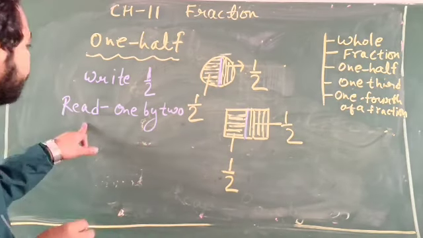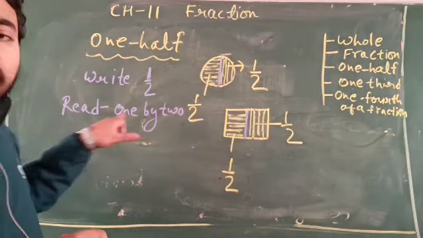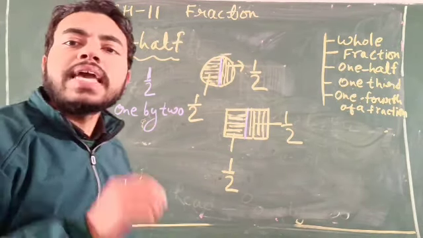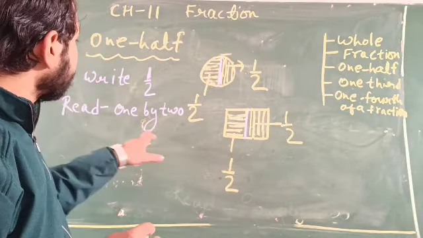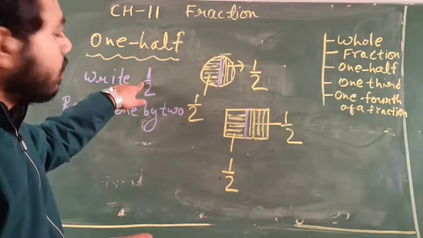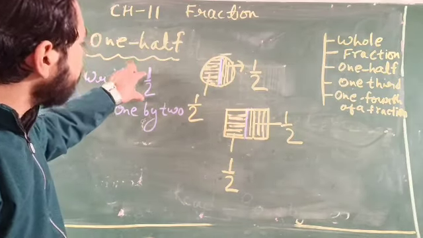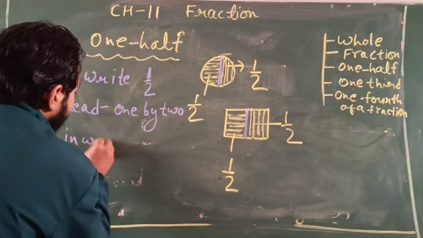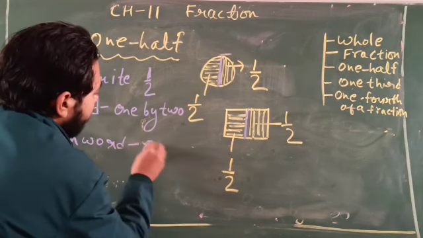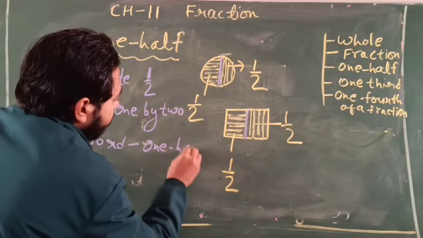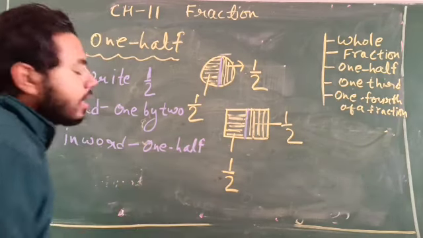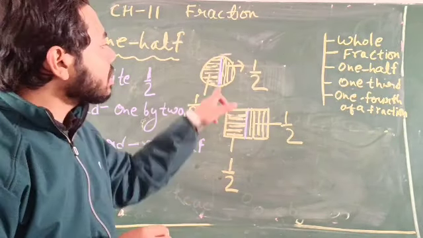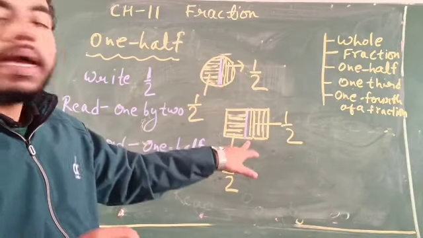We read it as 1 by 2. And when we have to write it in words, we will write it as 1 half. So these two are the examples of 1 half.